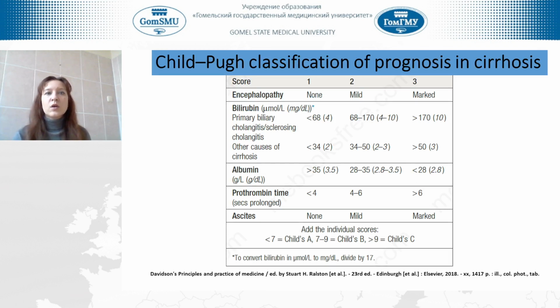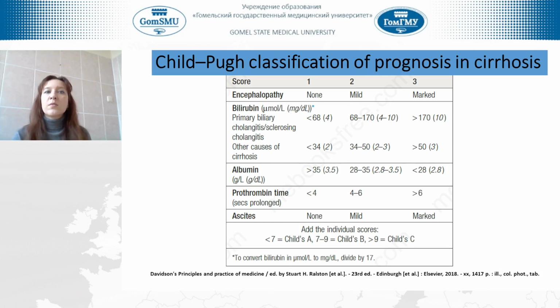It includes encephalopathy, bilirubin level, albumin, prothrombin time, and ascites. You see there are 3 stages, A, B, and C, according to scores. Less than 7 is Child A, from 7 to 9 is Child B, more than 9 is Child C. Encephalopathy is none for the first, mild for the second, and marked for the third.